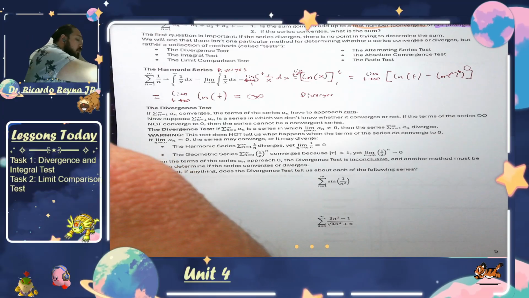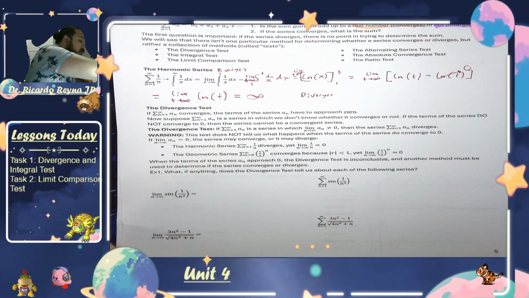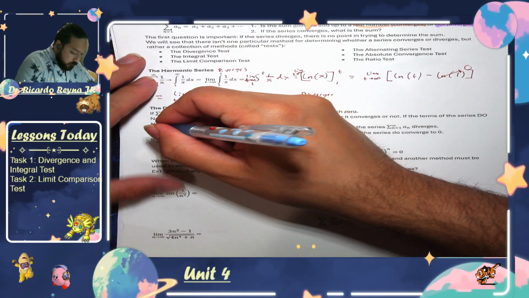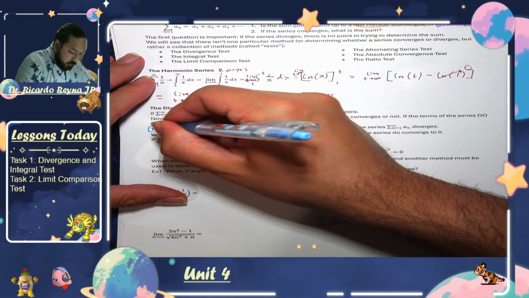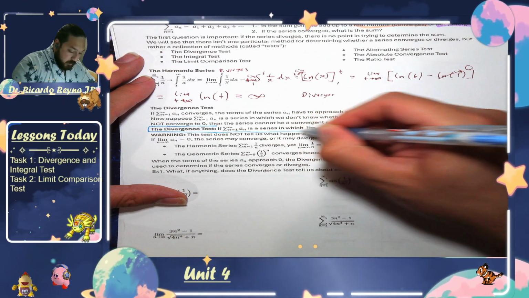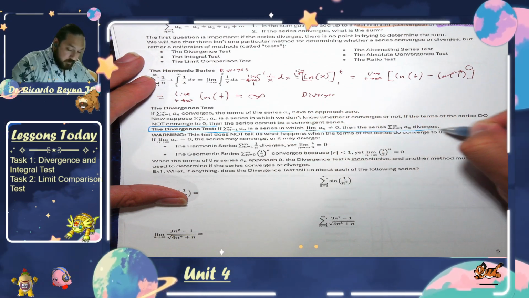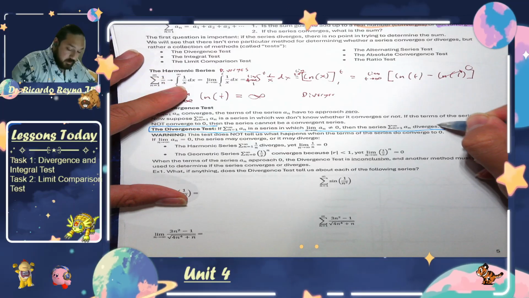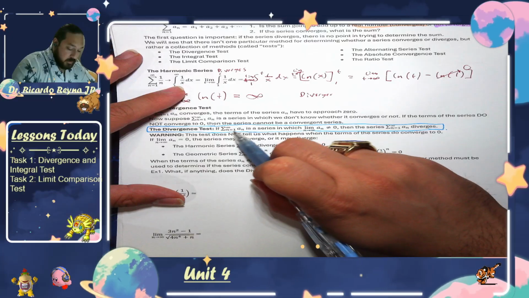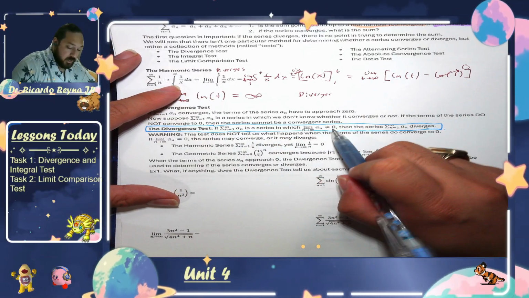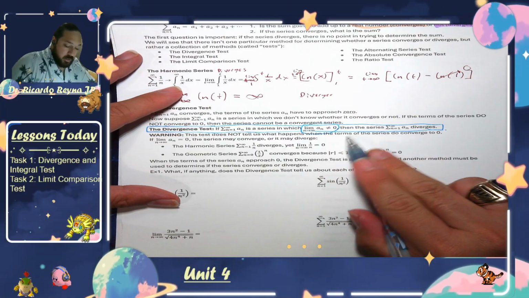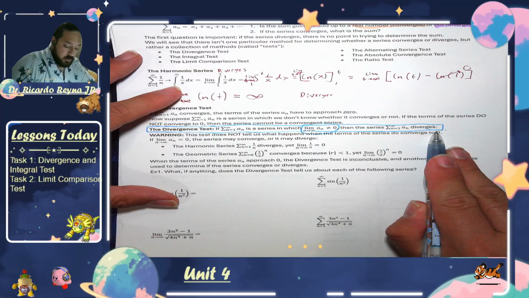The divergence test reads as follows. If the sum is a series in which the limit of what's inside the series as n goes to infinity does not equal 0, then the series diverges.